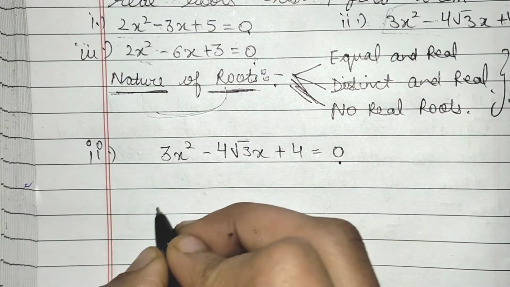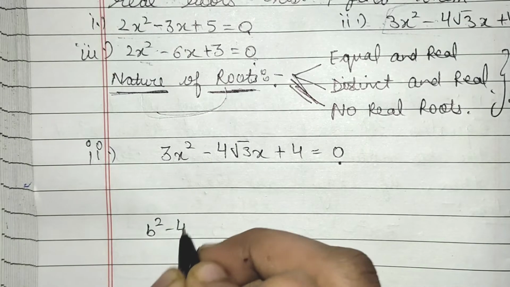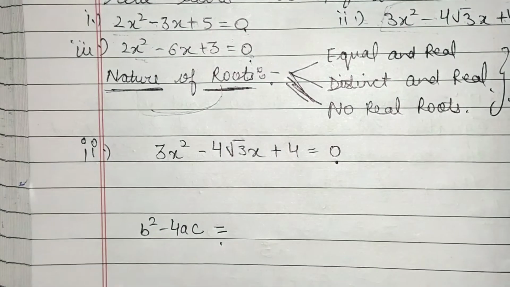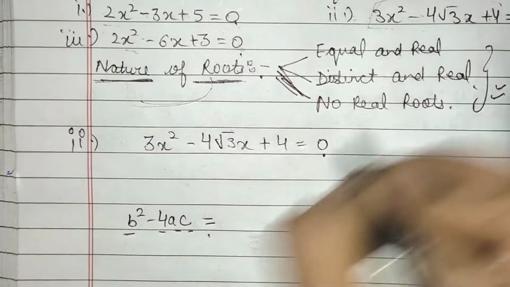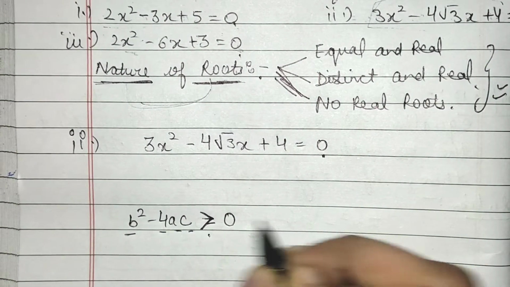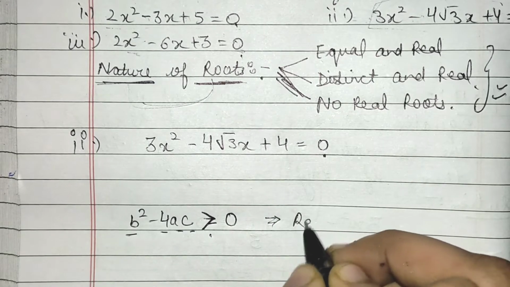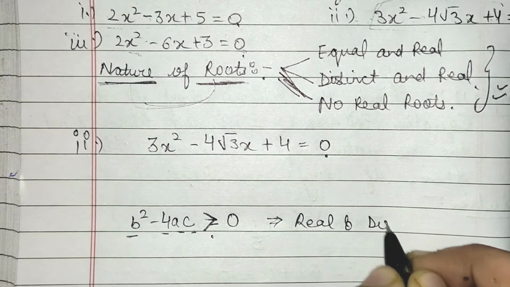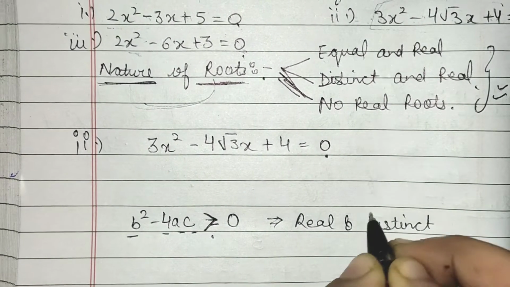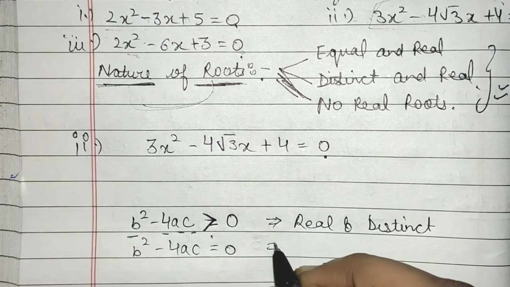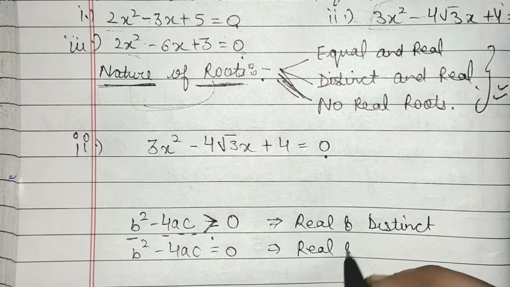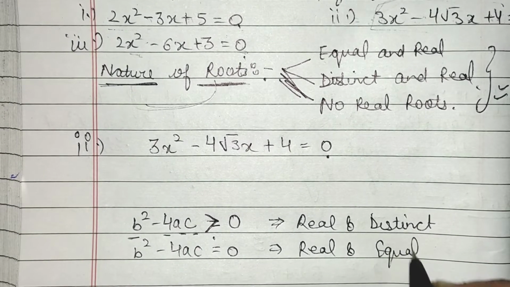We find out the value of b square minus 4ac. If b square minus 4ac is greater than 0, then we say that real and distinct roots exist. If b square minus 4ac is equal to 0, then real and equal roots will exist.